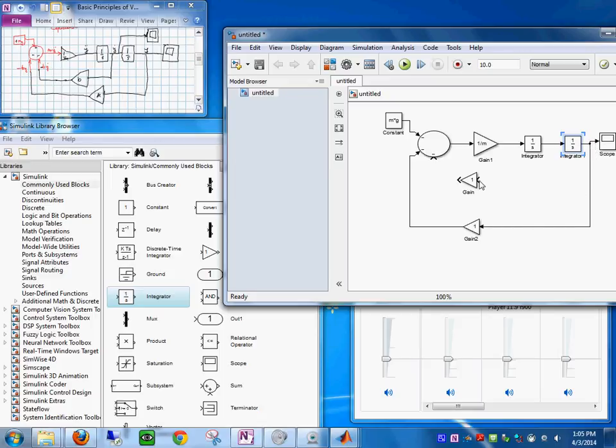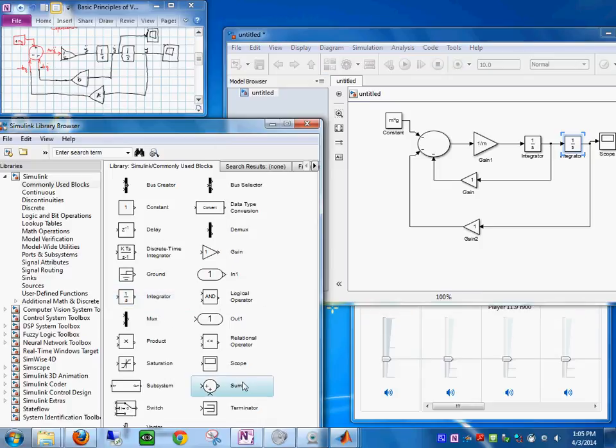Okay, and this is the other one. If we're following this diagram, the only thing we don't have is the extra scope for the velocity, which we should get.